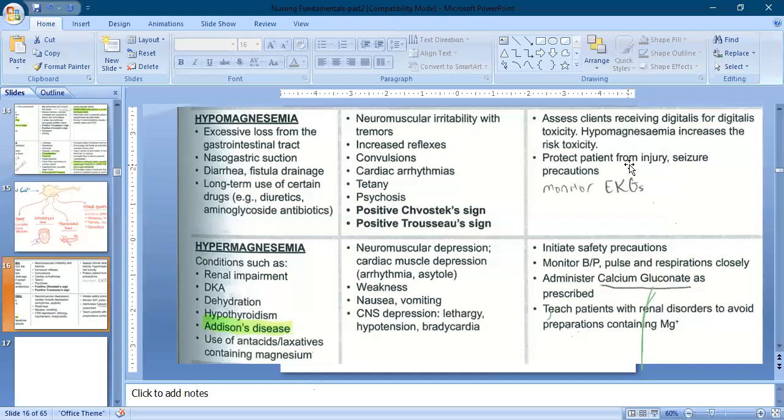The NCLEX board asks frequently about this. It is not mandatory here, but I don't want to miss this chance to explain, because questions about seizures are asked frequently.